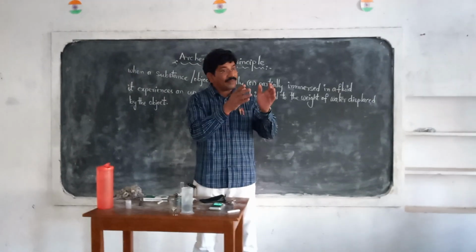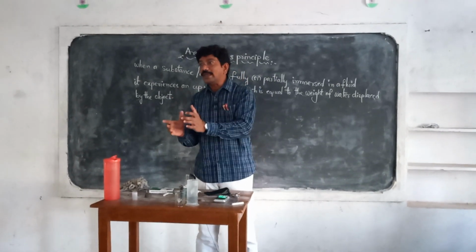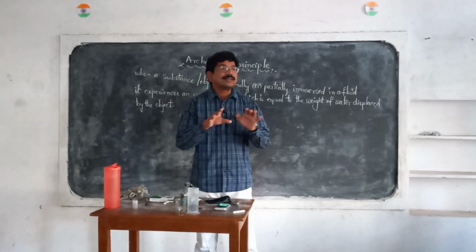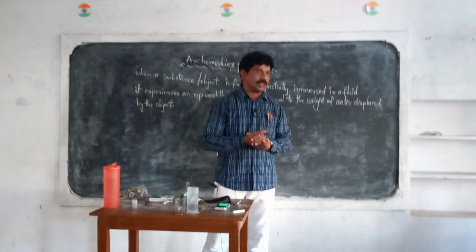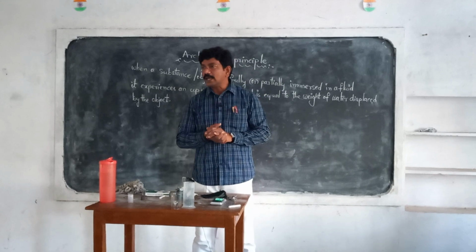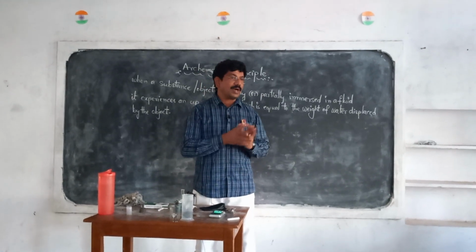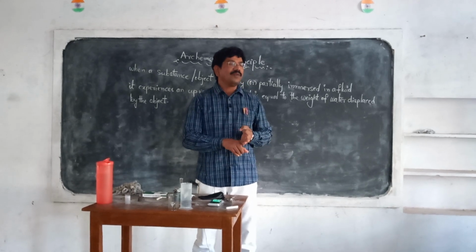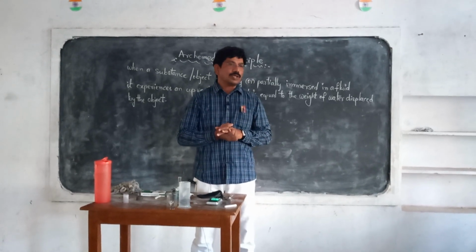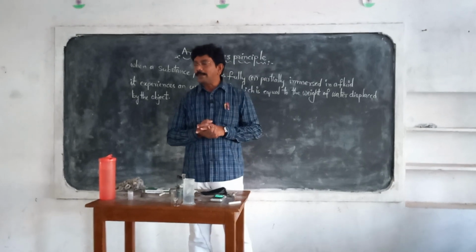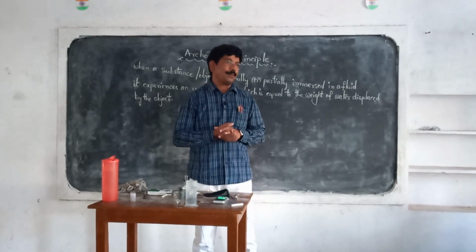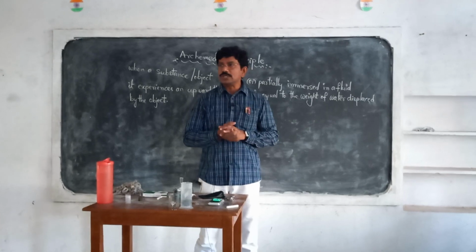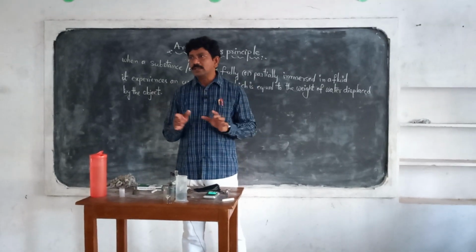If the weight of the ship is equal to the weight of the displaced water, then it submerges. Are you clear about that one? These are the conditions you have to remember for when a ship floats, submerges, and sinks. So ships are developed on the basis of Archimedes principle.